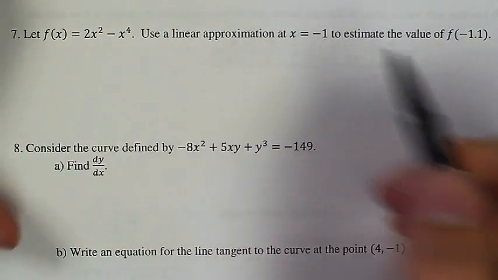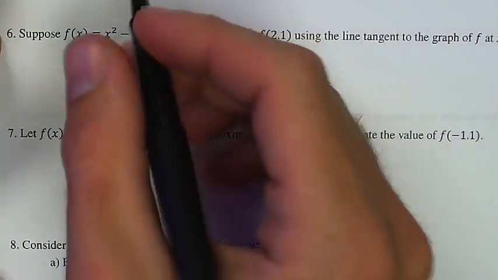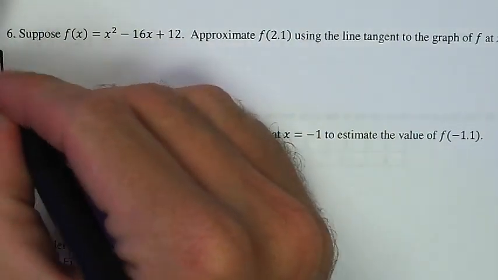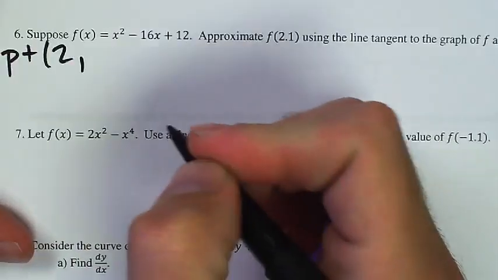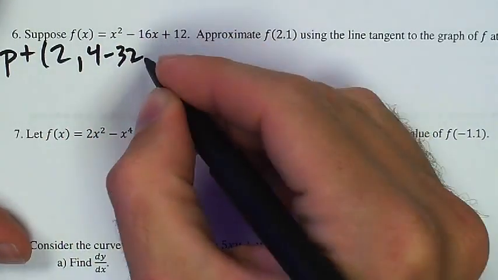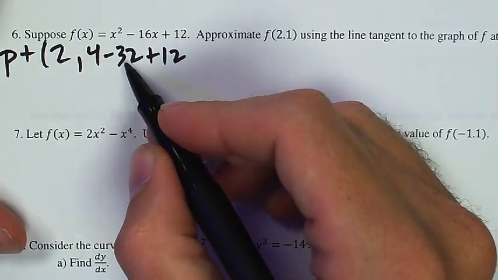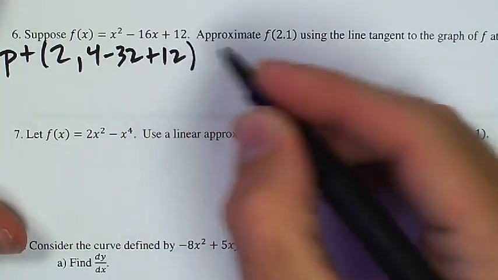Use linear approximation to estimate f of 2.1. All right. So the point would be 2 and 4 minus 32 plus 12. So that's negative 28 plus 12, which is negative 16.